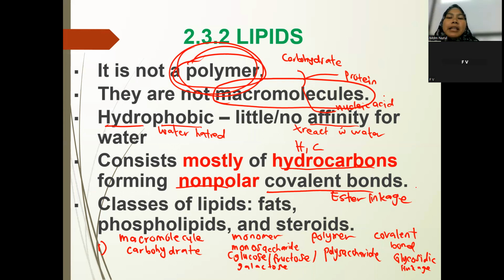ESTER. Non-polar covalent bond, known as ester linkage. So the classes of lipid are fat, phospholipid, and steroid. We are going to see what the differences are between fat, phospholipid, and steroid.